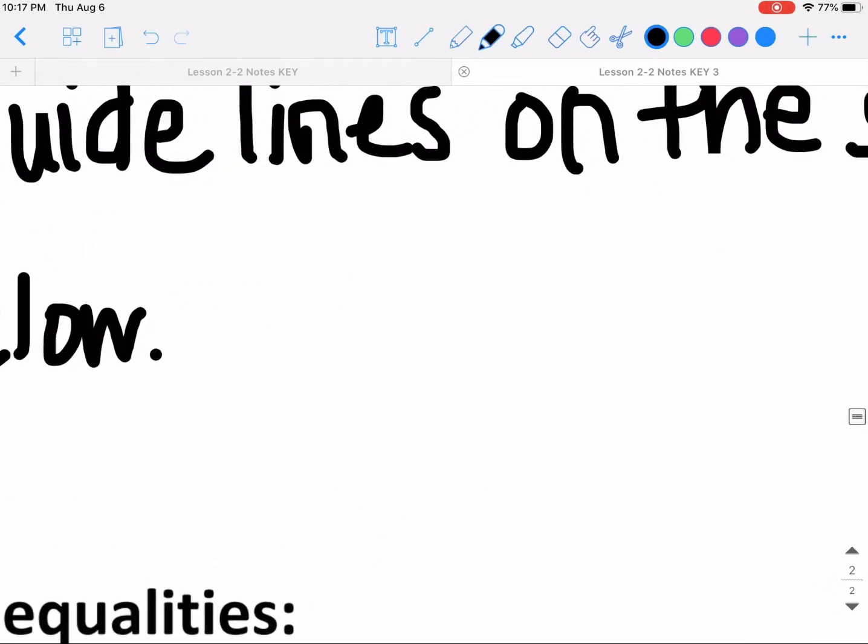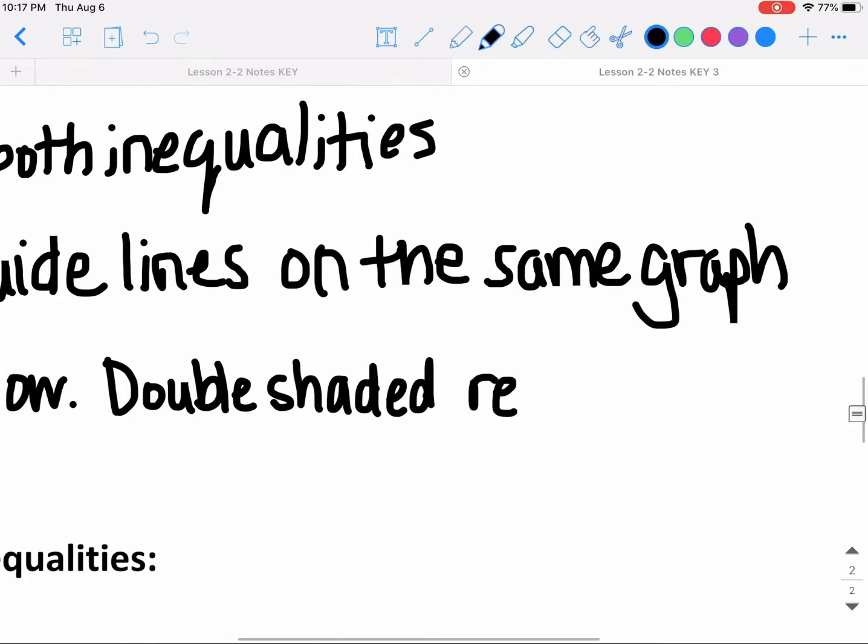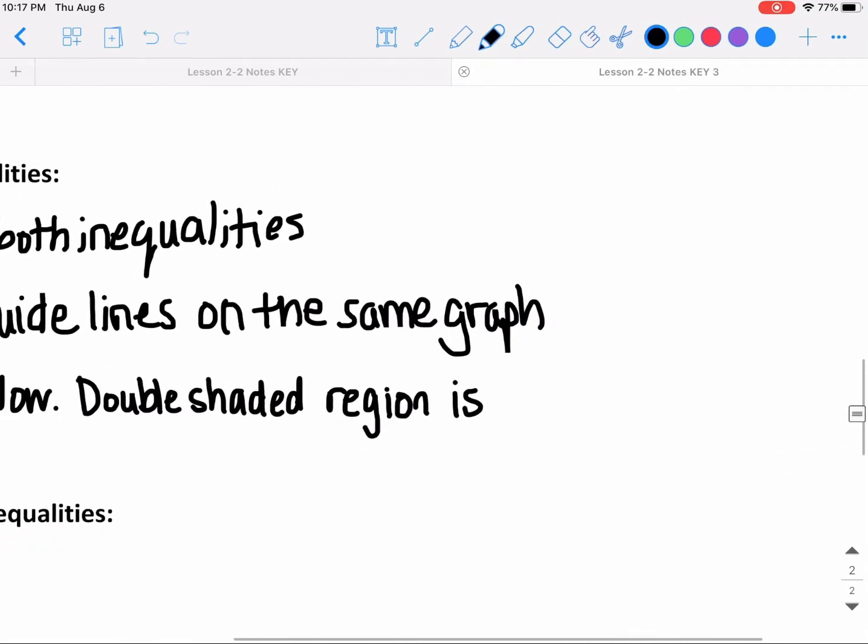And then I know that the double shaded region is where all solutions are.